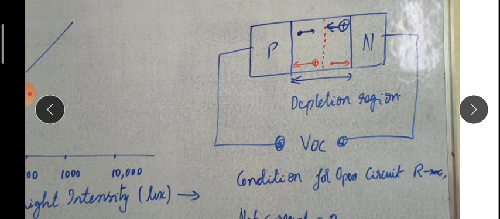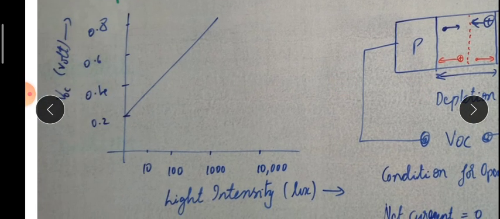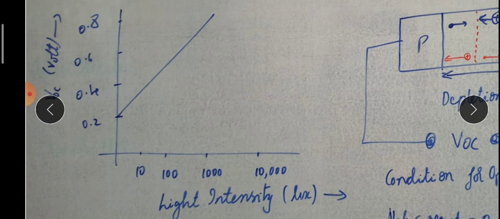When we draw a graph relating open circuit voltage or output voltage of an open circuit to the light intensity incident on the solar cell, the graph comes to be a straight line, where there is no production of voltage until the voltage has reached 0.2 volts.